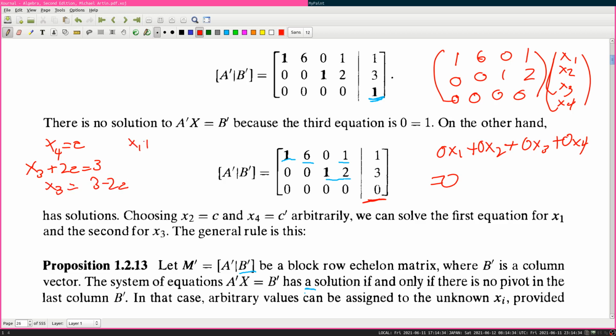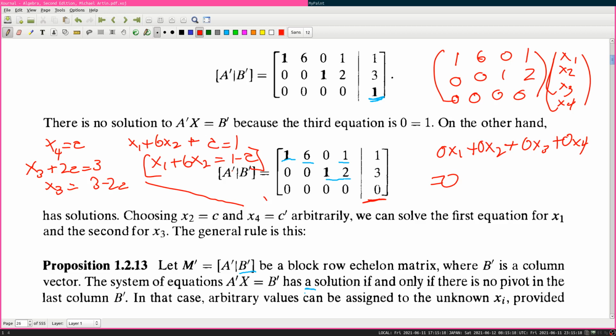Then x1 plus 6x2 plus c is equal to 1, so x1 plus 6x2 is equal to 1 minus c. This is just a linear equation, describing the equation of a line because c is fixed. Any point on that line will be a solution. But there's 2 degrees of freedom.